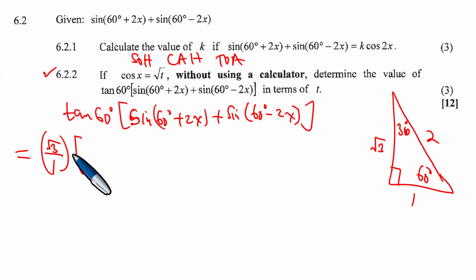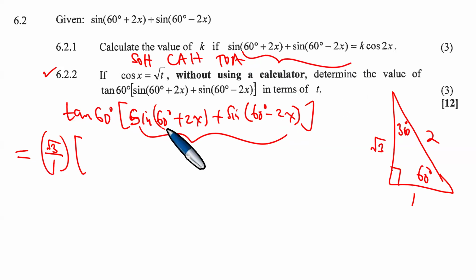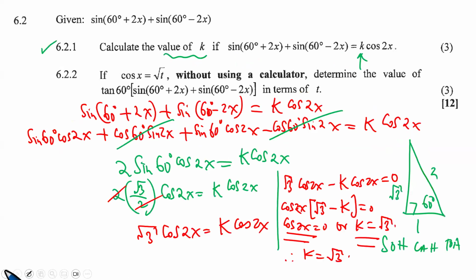Then what do we do next? Then it's the sine of 60 degrees plus 2x plus the sine of 60 degrees minus 2x. But we've already got this one. What did you get this one to be? Okay, we did it before.